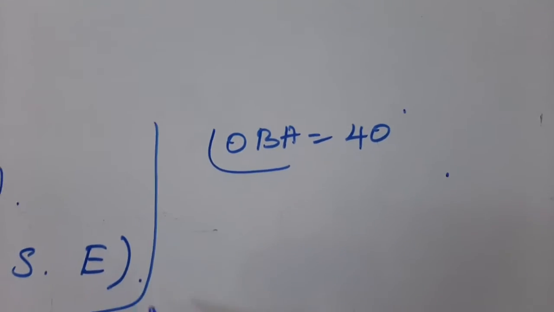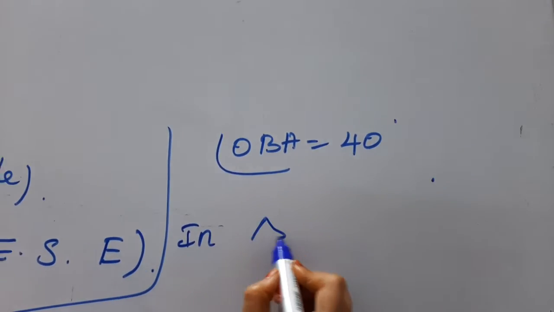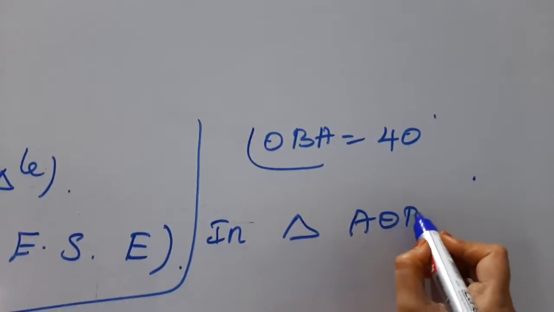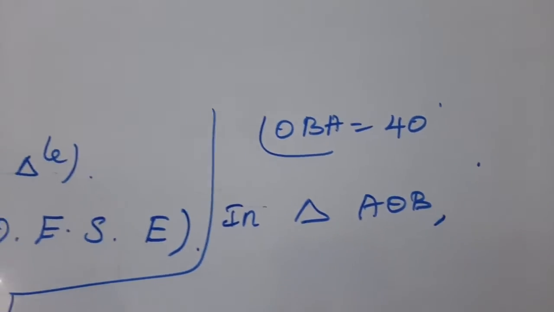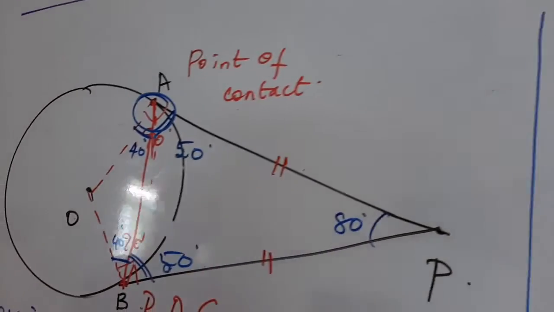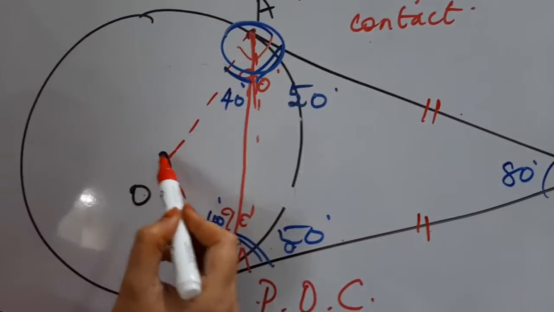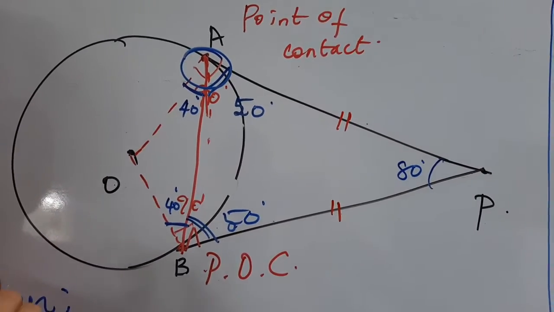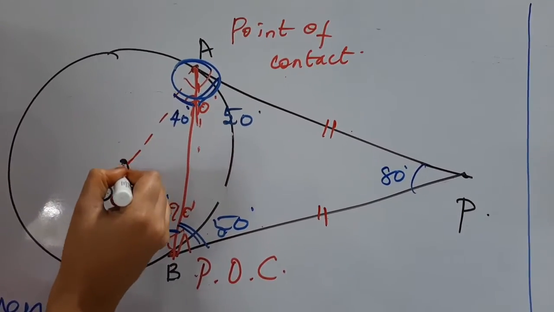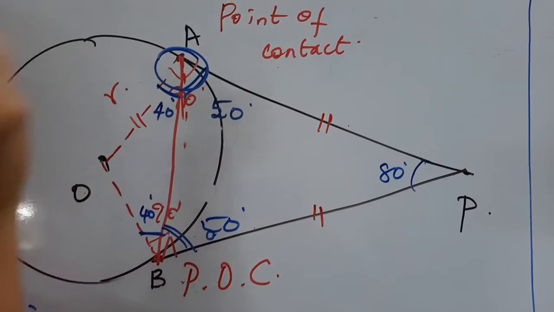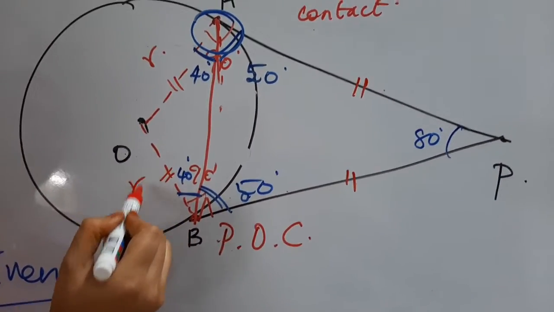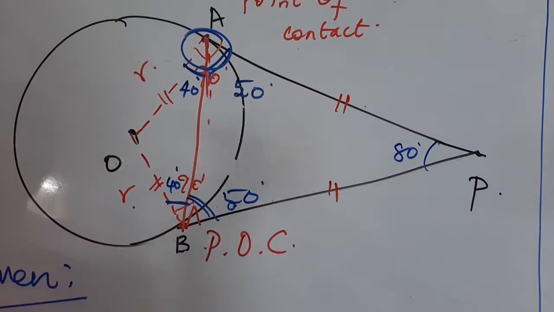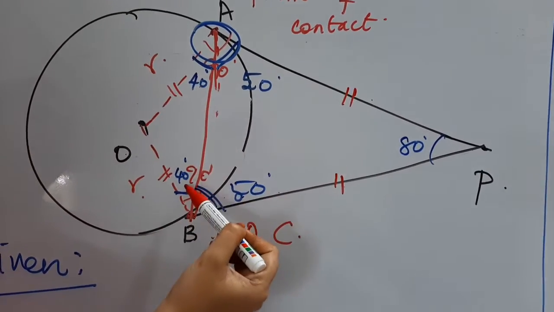Fine. Now consider the triangle AOB. See the diagram. Again, AOB is also an isosceles triangle because the two sides of this triangle, OA is the radius, OB is also the radius. Radii of a circle are equal, and these angles are 40.